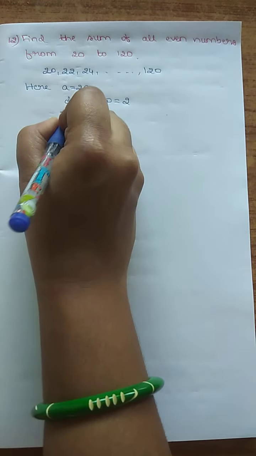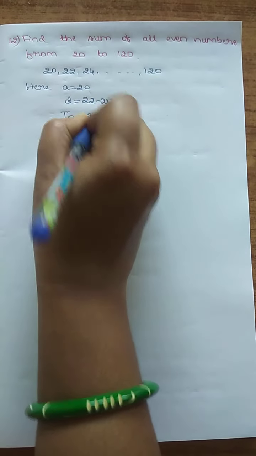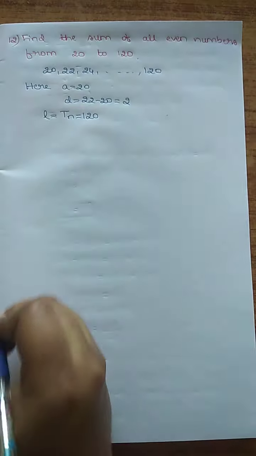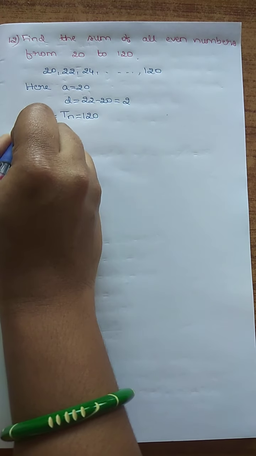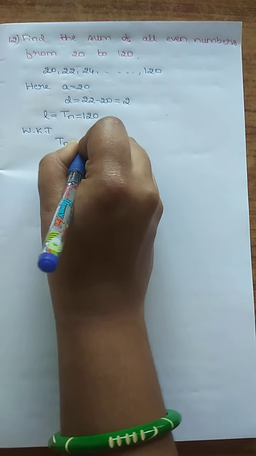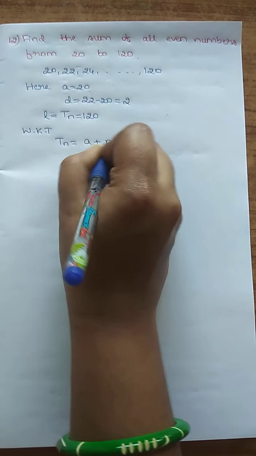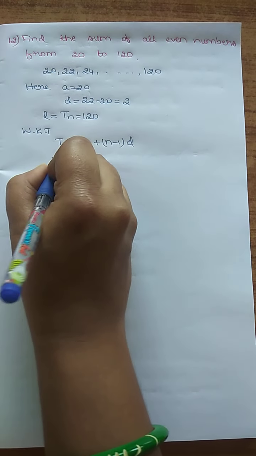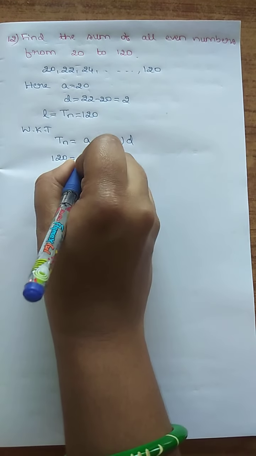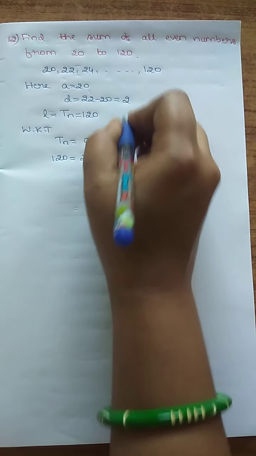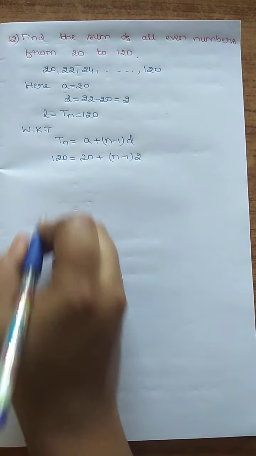The last term is 120, meaning Tn equal to 120, or L. Now we know that Tn equal to a plus (n minus 1) into d. Tn is 120, a value is 20 plus (n minus 1) into d, d equal to 2.